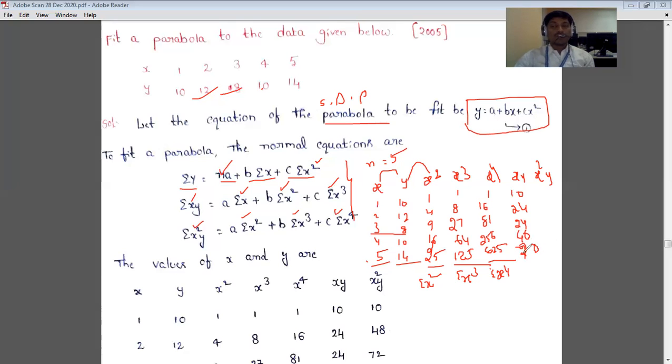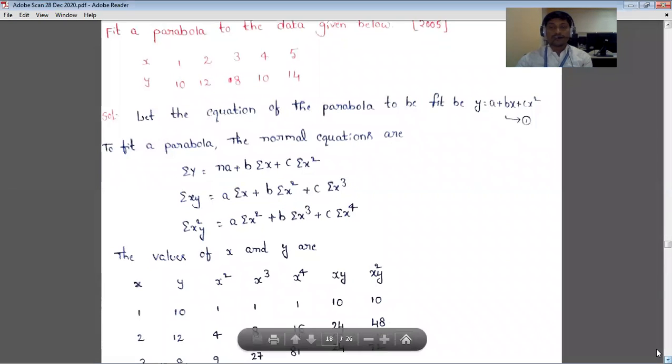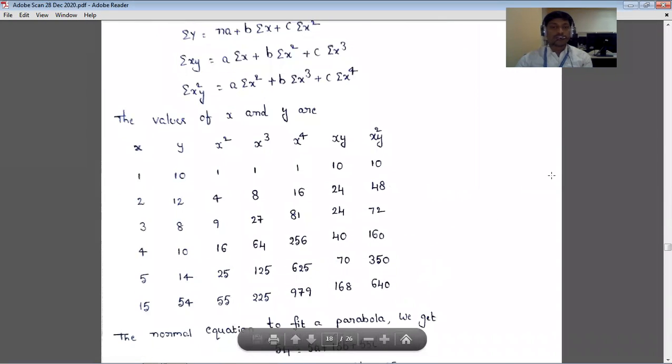After getting all these, we simply substitute those values in the normal equations. Here are the values we got. We calculated x from the given data, and x square we got by squaring, and likewise x cube, x power 4, xy, and x square y.